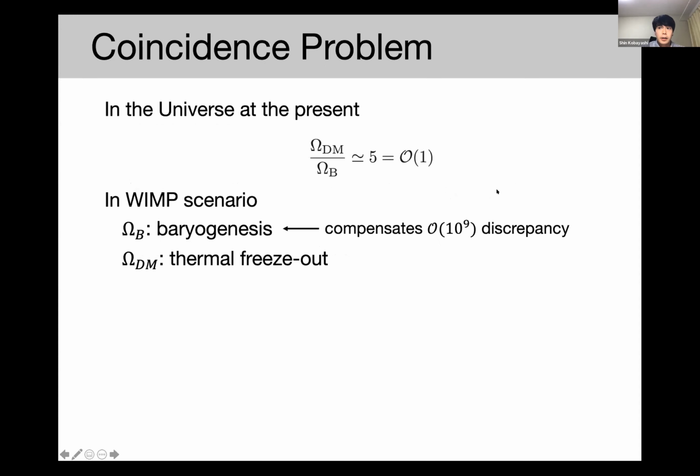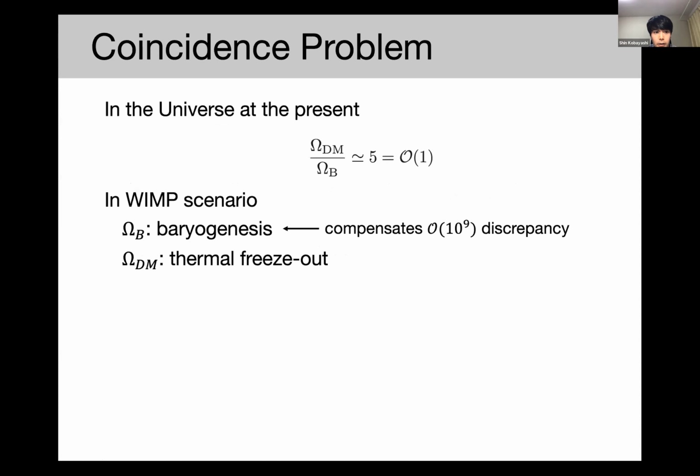First, the asymmetric dark matter model is introduced to solve the so-called coincidence problem of the universe. In today's universe, there is the same order of abundance of dark matter and baryons.